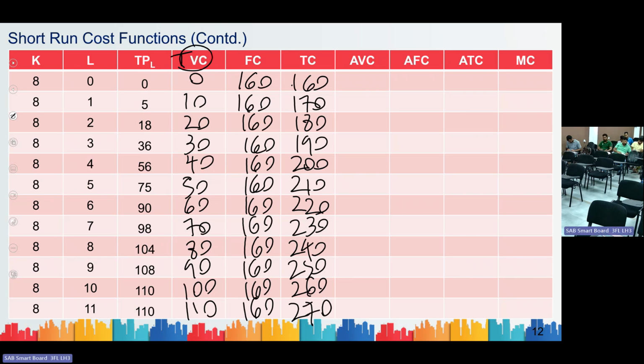So based on these values, calculate average variable cost, average fixed cost, average total cost, and marginal cost. Take a few minutes and do the calculations. Don't take much time.